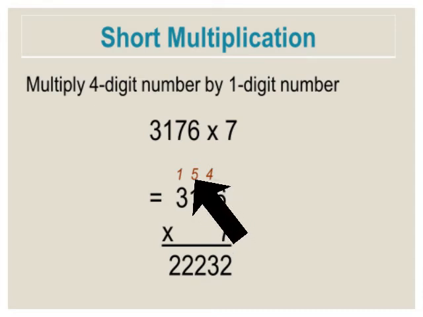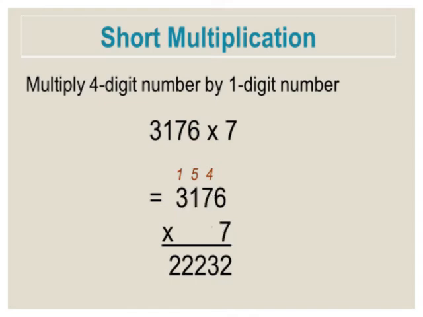Multiply 7 with 1 and add the 500 that you carried over. 7 times 1 equals 7 plus 5 equals 12. Write the 2 on the answer line in the hundreds column and carry the 1 over by writing a small 1 above the 3 in the thousand column.